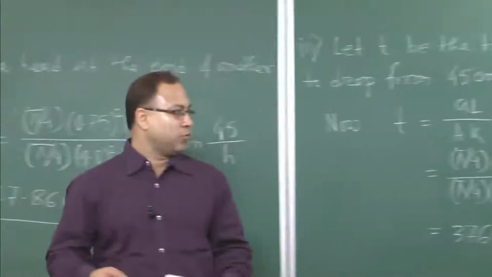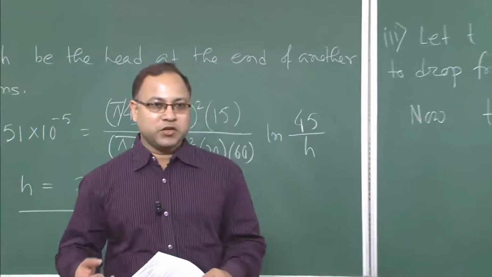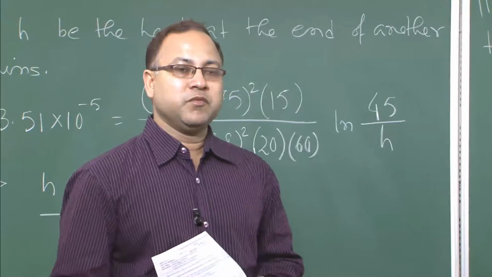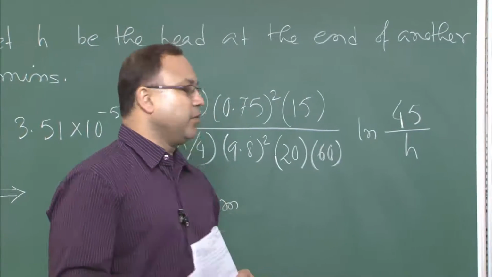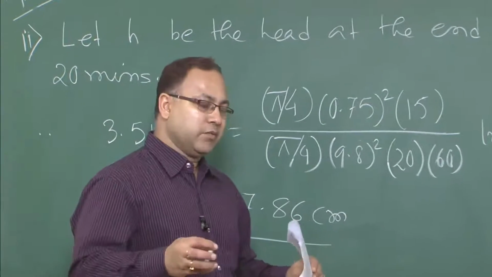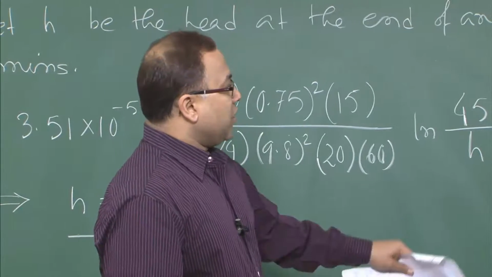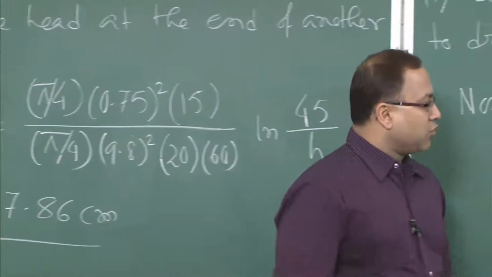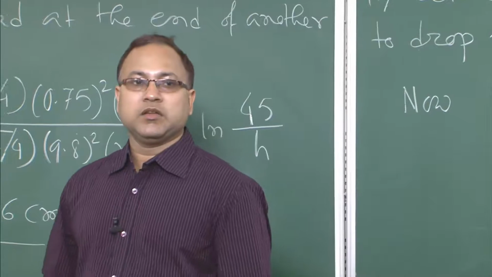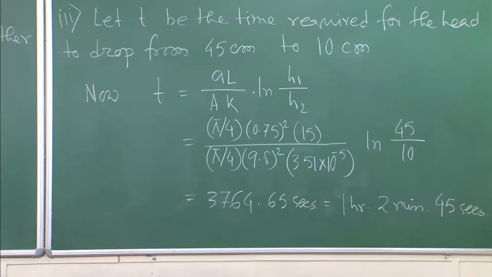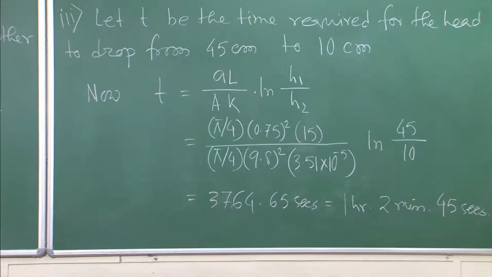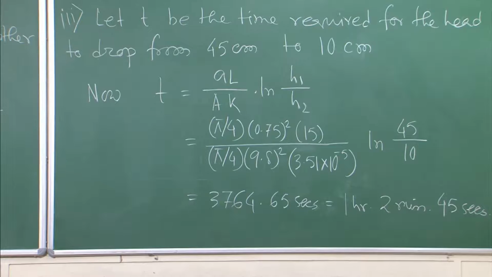This problem is good for some warm up kind of thing to understand the behavior of soil under the permeability topic, our permeability chapter. So, this much of time, that is 1 hour 2 minutes 45 seconds, is required for the water to fall from 45 centimeter to 10 centimeter in the standpipe.